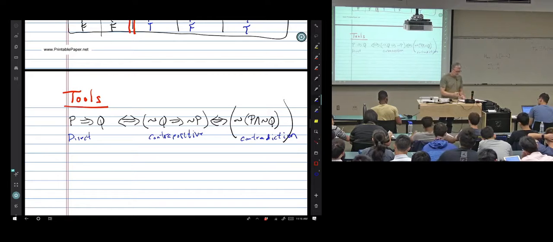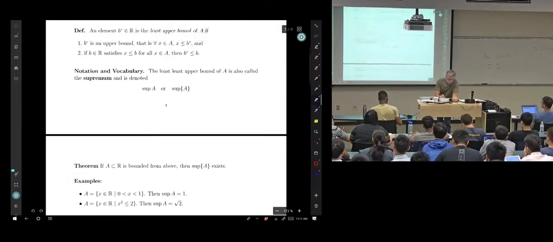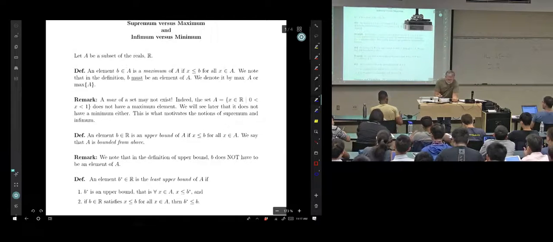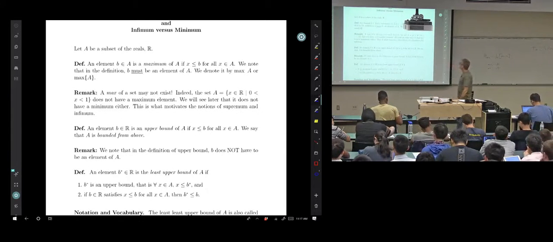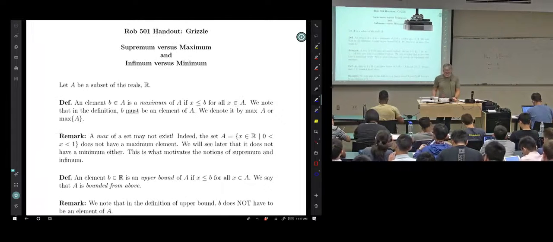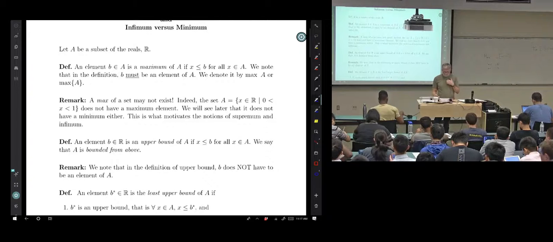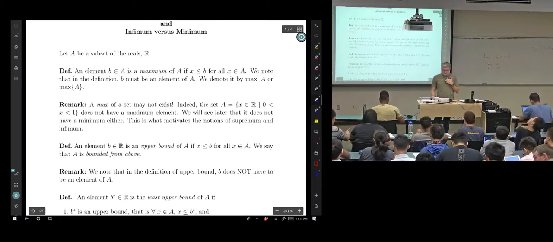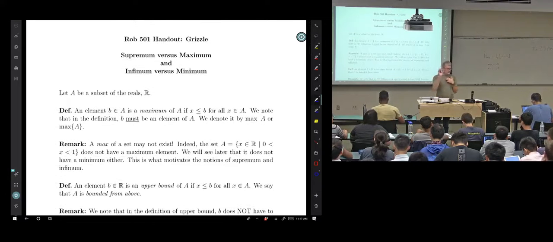We're going to do supremums, maximums, and because it's all written up very beautifully, I'm just going to hit a few highlights, okay? So we're going to focus on supremum versus a maximum.